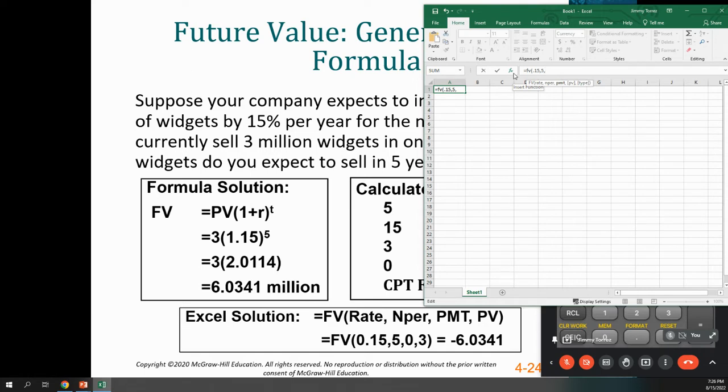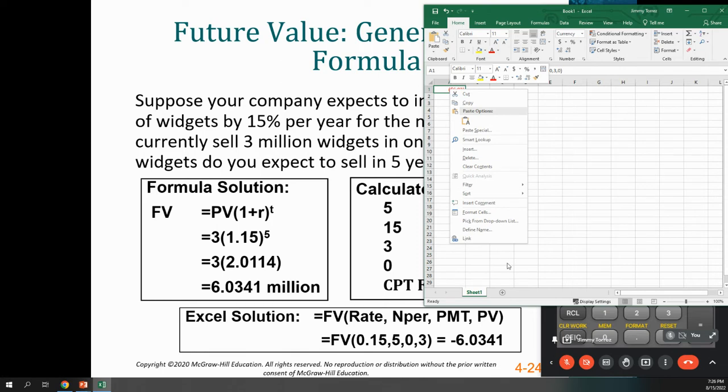The payment here is 0. The present value is 3. And of course, the type is 0 default. So I'm just going to go ahead and do 0, just because the book didn't. And voila, that gives me $6.03. And it would be 41 if I did the decimals.